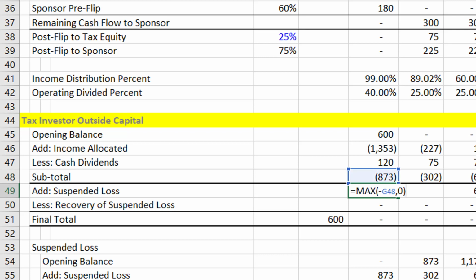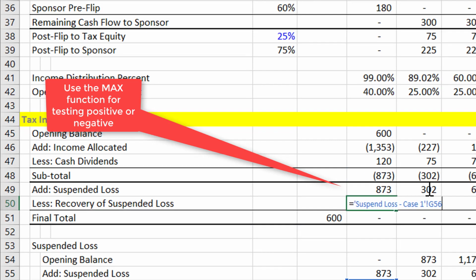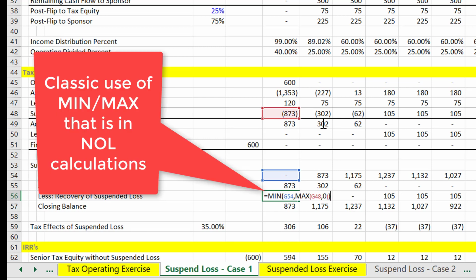And then you test if this subtotal is negative with a little bit of a maximum zero count. Now, we're going to go through that in the exercise. That's the only thing you have to do. And then you might recover this suspended loss, and that's almost like a tax loss carry forward, where we say we have an opening balance, we see how much we lost, and then we use a min-max to get how much we can put in this thing.